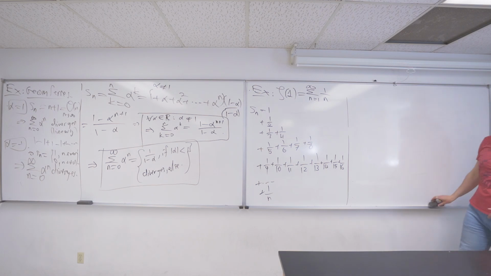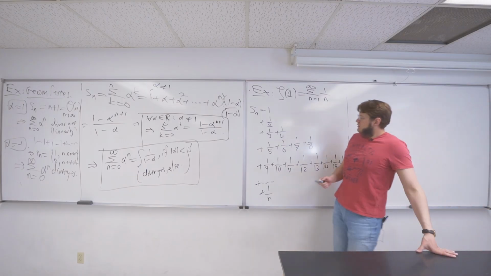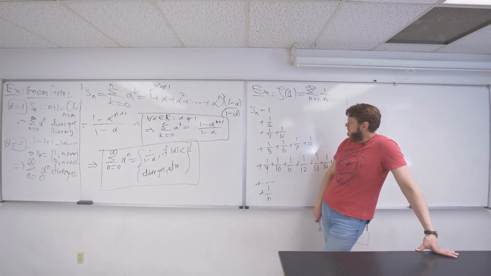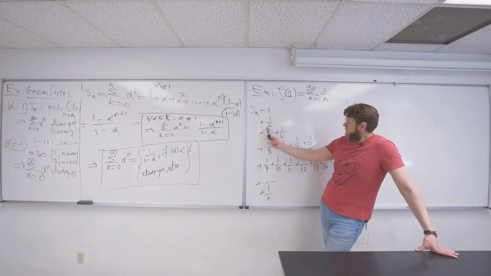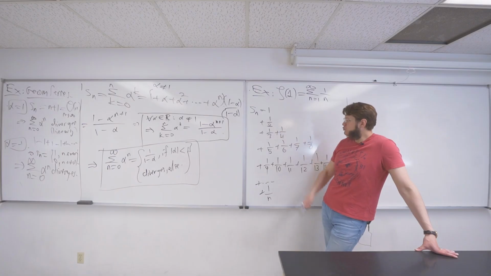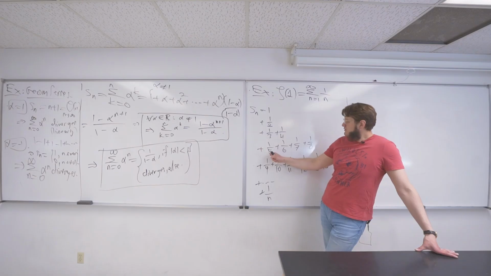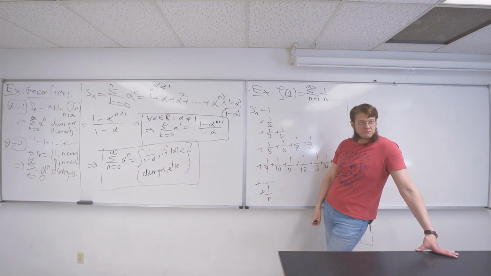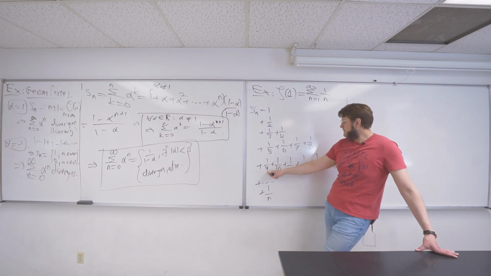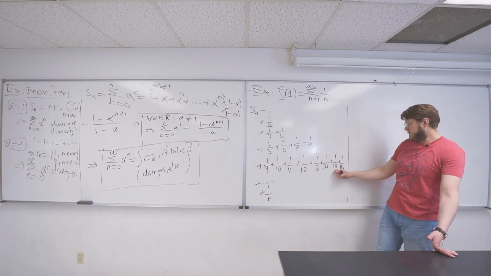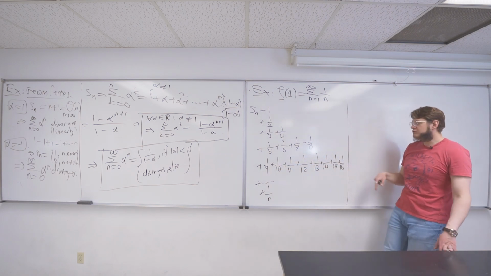But here's a trick. I'm going to leave this as is, leave this as is. If I were to replace this 1 over 3 by this, the sum would decrease, because 1 over 4 is less than 1 over 3. I'm going to likewise replace all 3 of these by 1 over 8. Again, it's going to decrease. I'm going to replace all 7 of these by 1 over 16 and so on.